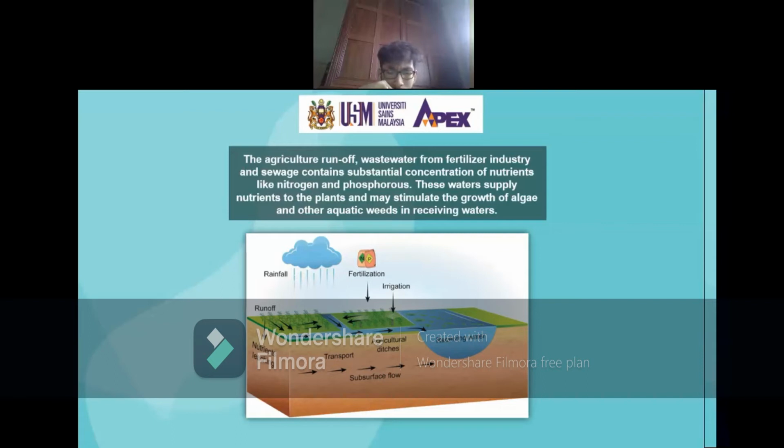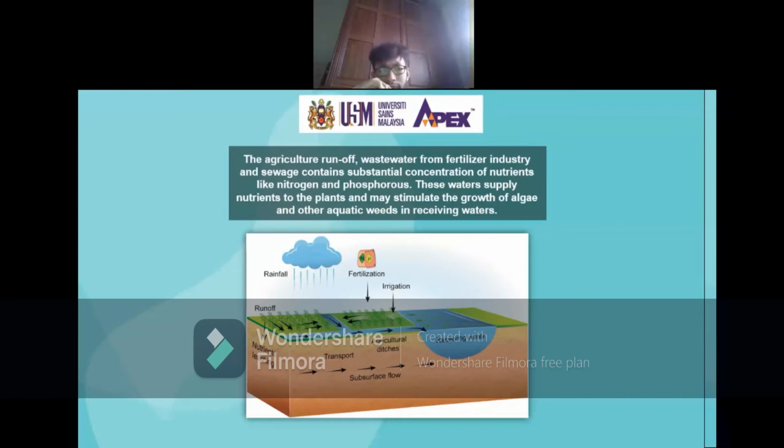If they contaminate rivers, lakes and coastal areas, it can cause algal blooms that can block out sunlight and inhibit the growth of other organisms. This water supplies nutrients to the plants and may stimulate the growth of algae and other aquatic weeds in the receiving water. So it is very dangerous for humans to extract and use the water for their daily activities.